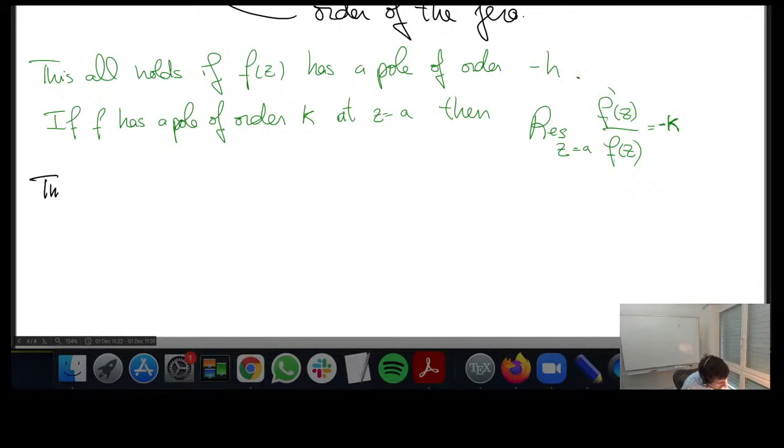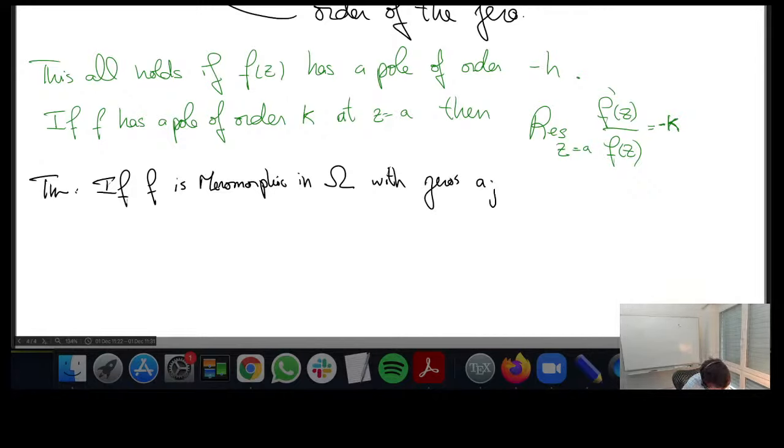So if f is defined in some omega and has zeros and poles, so it's meromorphic in omega, with zeros, say a_j, and poles v_k, counted with multiplicity.